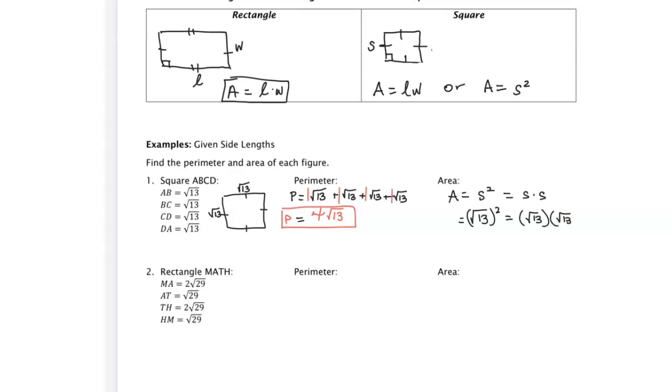The square root of 13 times the square root of 13 gives us the square root of 169. So we multiply the 13 times 13, it gives us 169. If we go further, the square root of 169 is equal to 13. So our area is 13. You can say 13 units squared is our area.